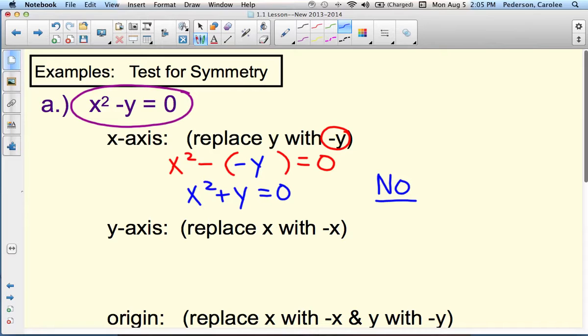Now let's move on to y-axis and test to see if we have y-axis symmetry. So we're going to replace the x with -x in the purple equation.